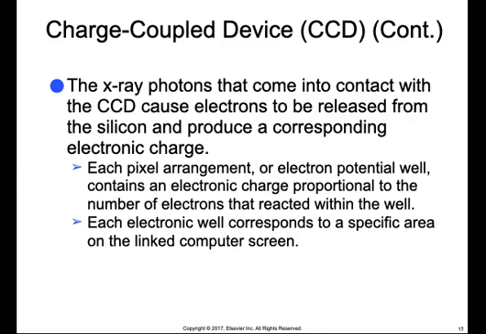Okay, so what I just said goes along with this slide here. With each pixel arrangement or electron potential well, there is an electronic charge proportional to the number of electrons that reacted within the well. And each electronic well corresponds to a specific area on the linked computer screen.